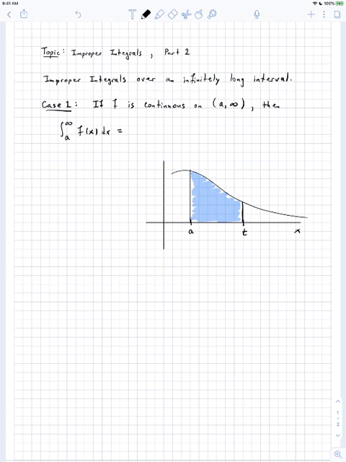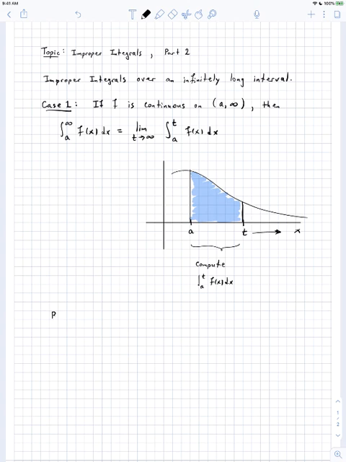So what we're going to do is compute the definite integral from a to t of f of x dx, and then we're going to allow t to go off to infinity. That's the idea. So it's the limit as t goes to infinity of the integral from a to t of f of x dx. And that's how we're going to define this.